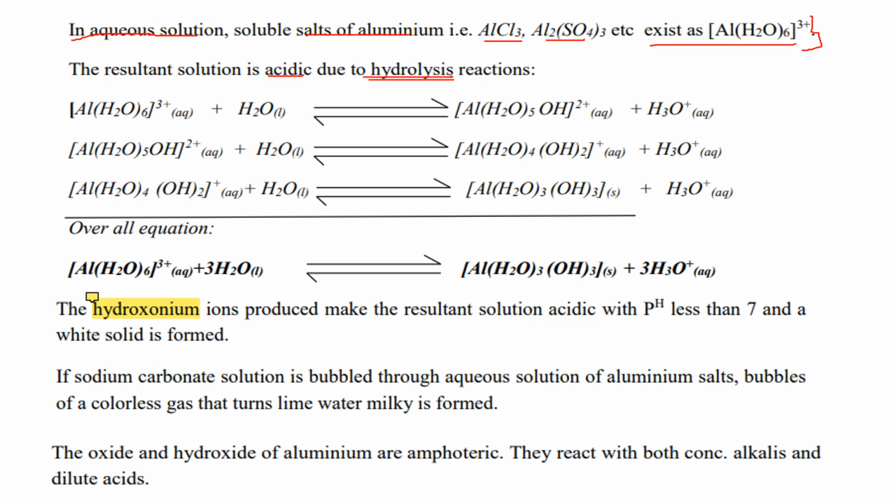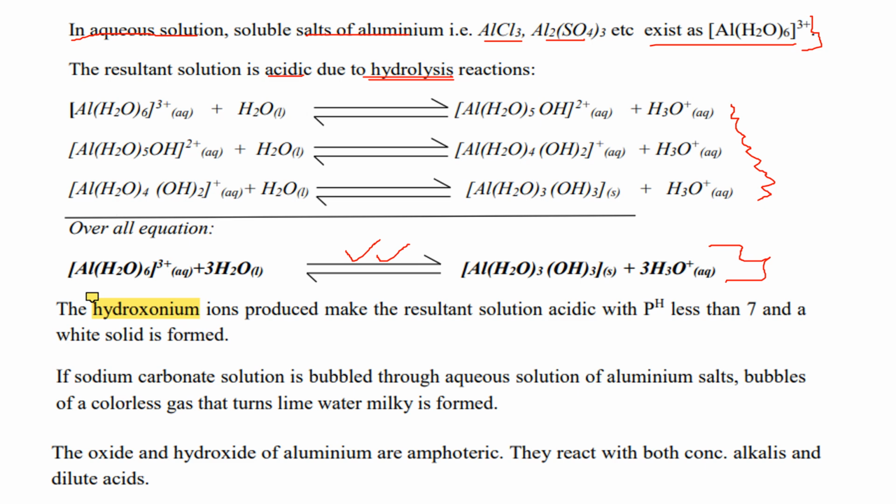Now the most convenient or acceptable equation is this, which is the overall. These ones are individual steps to show you how each and every proton is released until we reach a final stage. Now note that for salt hydrolysis, all equations are supposed to be with an irreversible arrow.